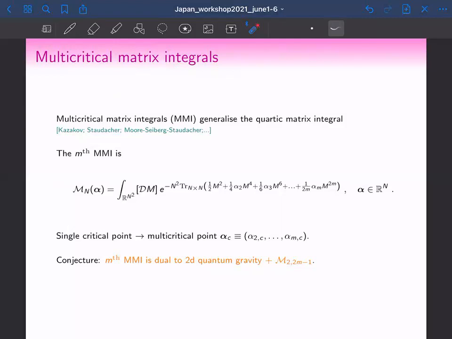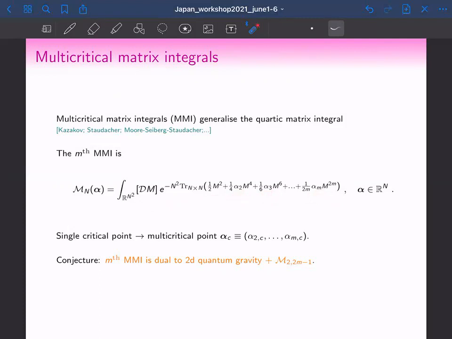And this is essentially what Kazakov did when he introduced the multi-critical matrix integrals, which really generalized the quartic matrix integral. The m-th multi-critical matrix integral is defined in the following way. We're really just adding other even powers of m, and then instead of having a single coupling alpha 2, now we have alpha 2, alpha 3 to alpha m, and all of these are real valued couplings.